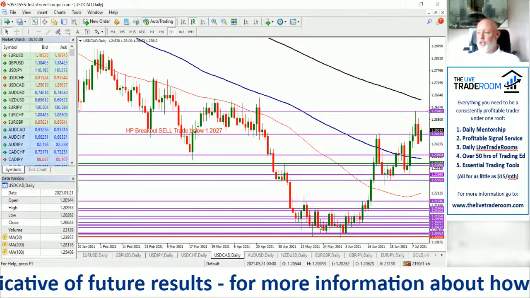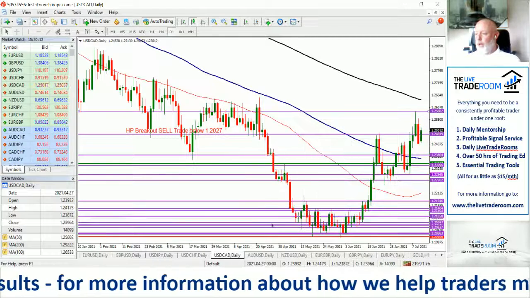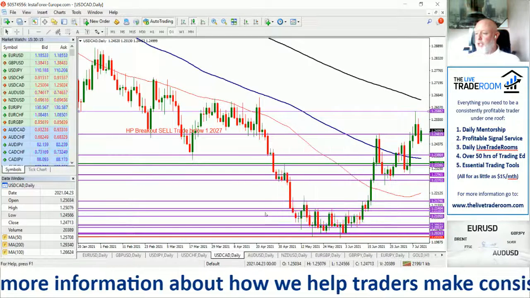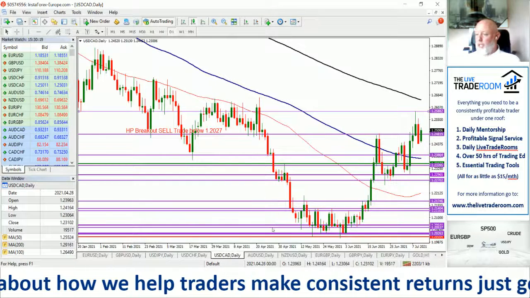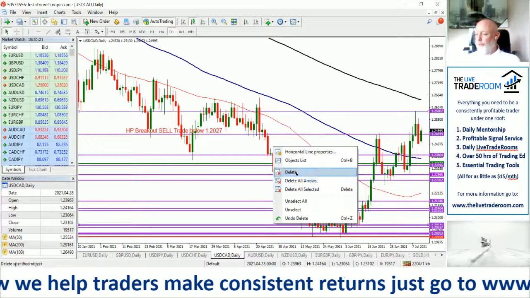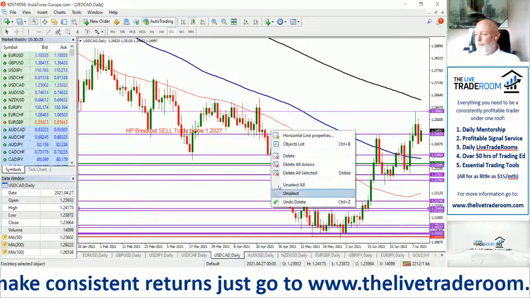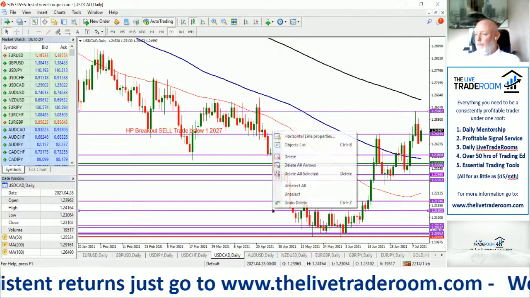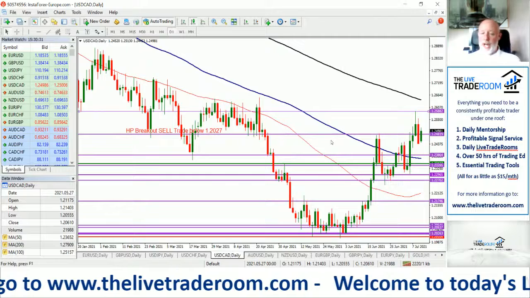We look at some people's charts, and okay, this chart here has a lot of lines on it, which we don't really need. Just for your information, a lot of the purple colored lines on these markets are intraday levels.